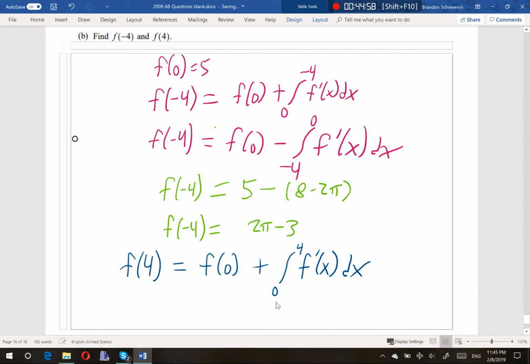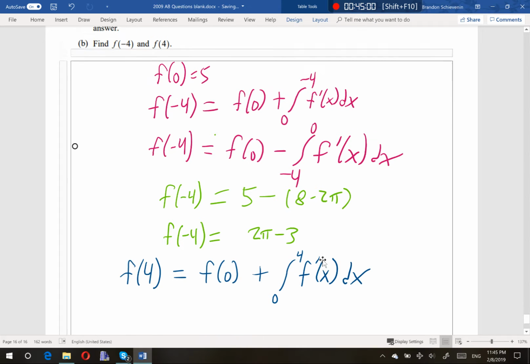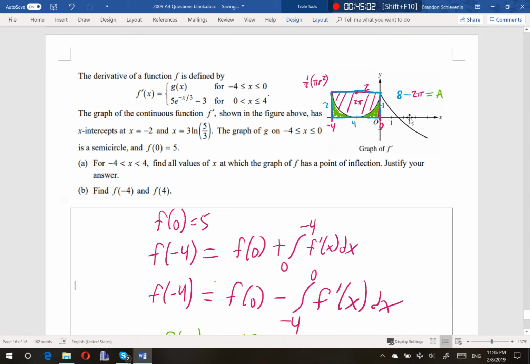Okay, so I need the area underneath the curve from 0 to 4 of our derivative. So that's this part. Now we don't have a shape for this, but we do have a function for this that we can use.